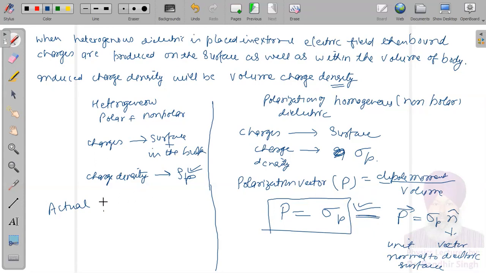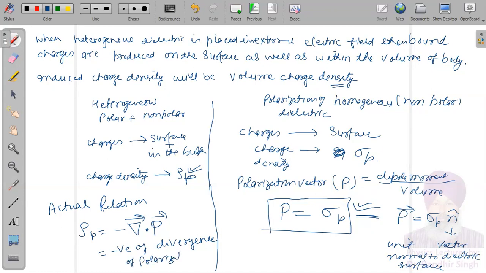But for a heterogeneous one, the relation is rho p is equal to minus del dot P, the negative of divergence of the polarization vector. This is the correct formula, applicable everywhere. For a non-polar, this formula automatically changes into the earlier formula. For a polar, this is always there.